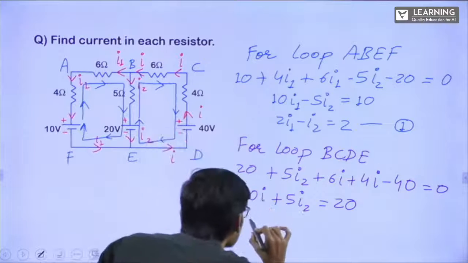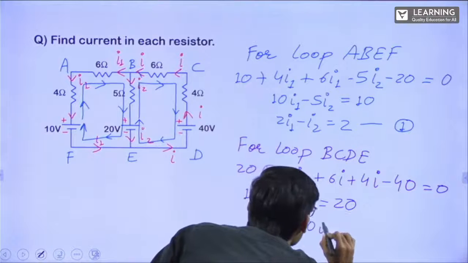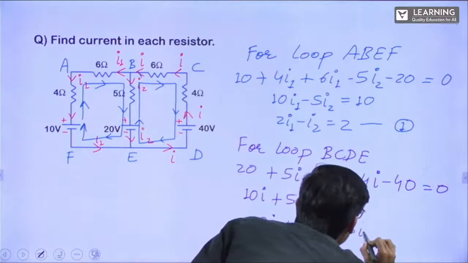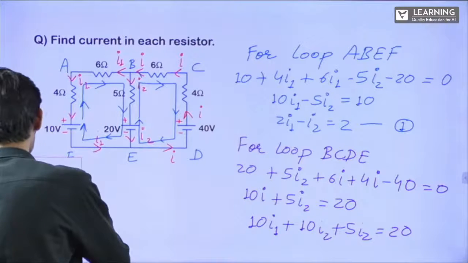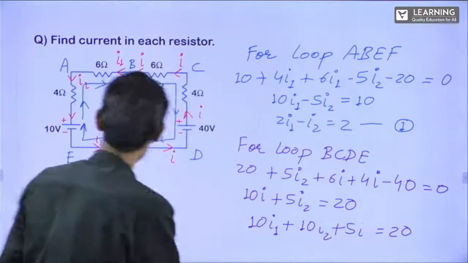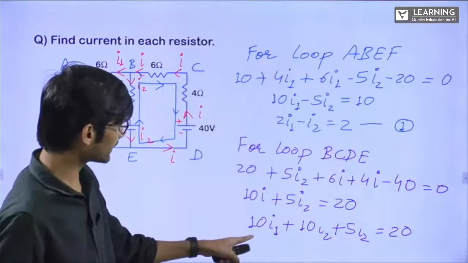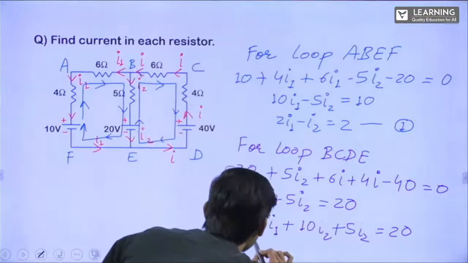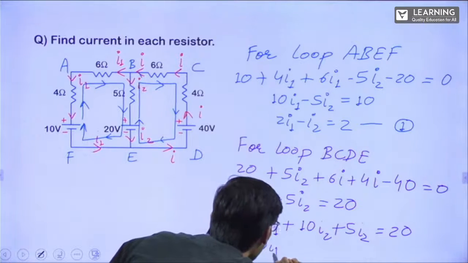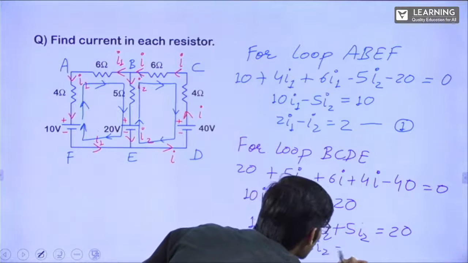So I can write this as 10 I1 plus 10 I2 plus 5 I2 is equal to 20. Correct? So this is 10 plus 5, 15 I2. So this will be 10 I1 plus 15 I2 is equal to 20.